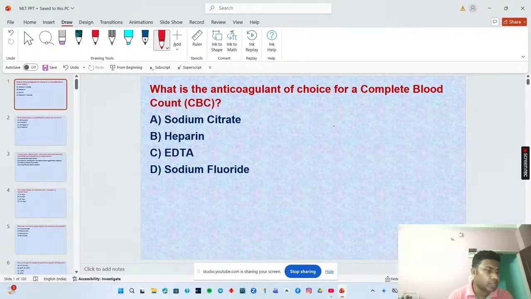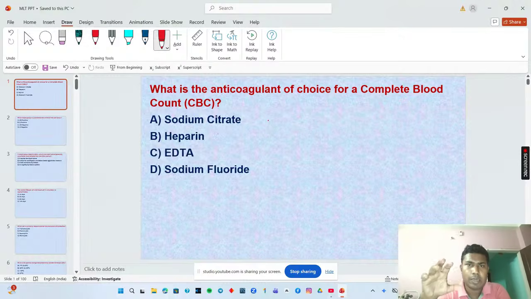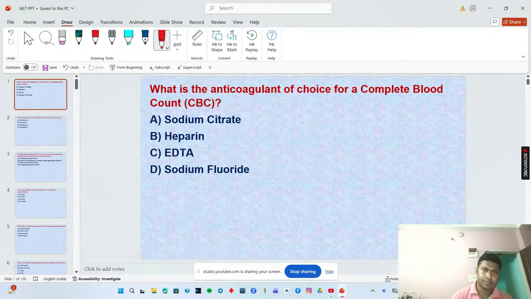To protect the morphology of the red blood cells, if we want to do CBC, we have to keep the morphology of the cells intact. So in order to save the morphology of the cell, we have to use EDTA. Okay, it is EDTA.